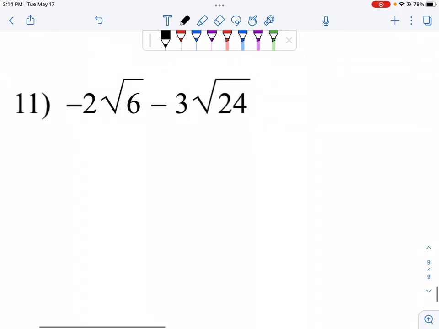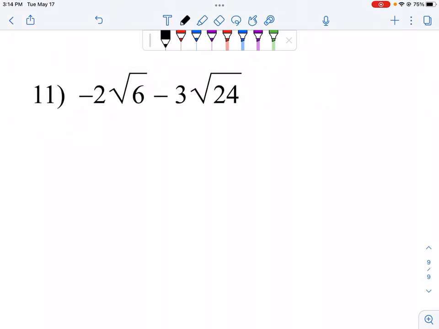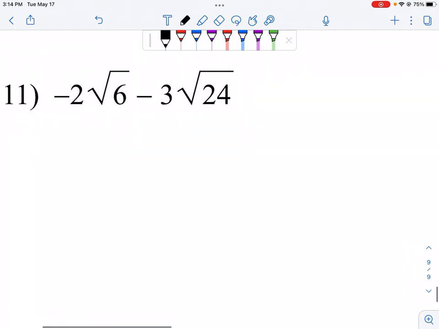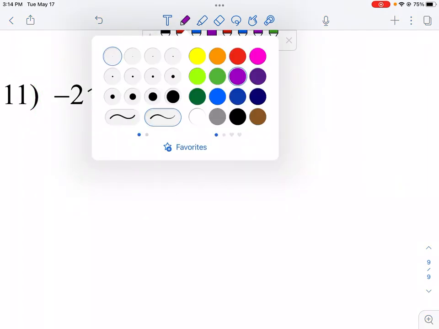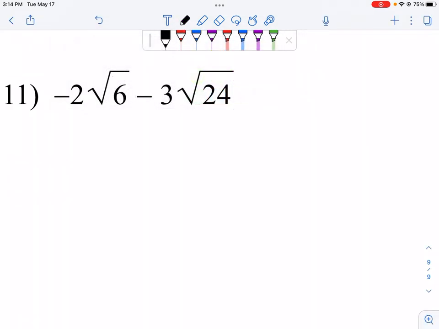Now with number 11, we cannot put a radical 6 and a radical 24 together. We can't count those up. So we're going to look to see if we can break these down. Radical 6, I'm just going to focus on this by itself. In fact, this may make it easier if we cover it up.